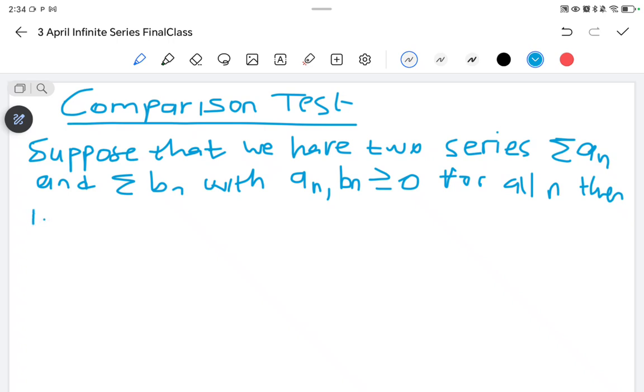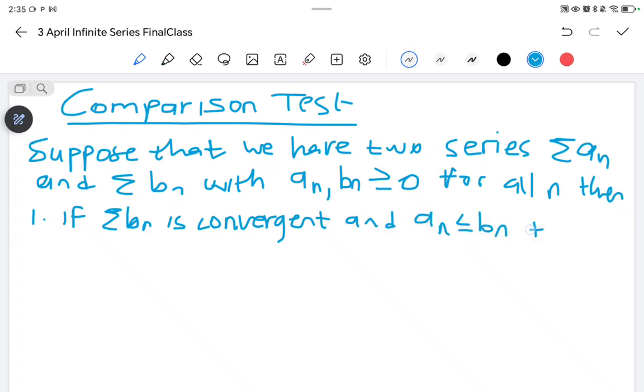If the summation of B of n is convergent, and A of n is less than or equal to B of n, then the summation of A of n is also convergent.